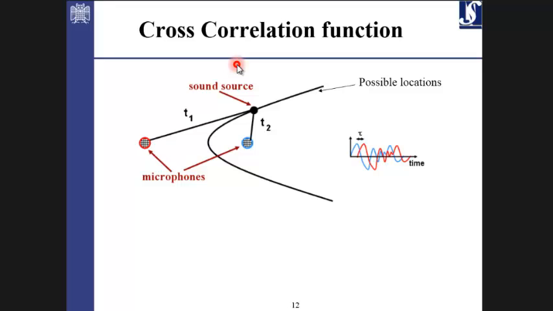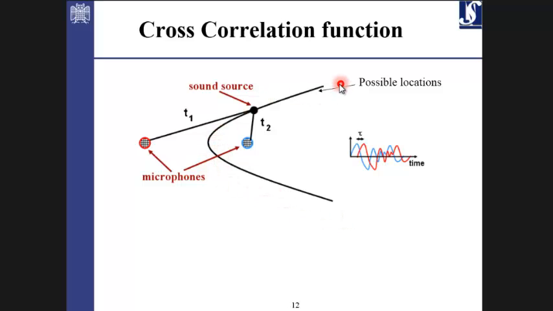So you have, for example, two microphones. They are both grabbing the same signal, but the signal is actually recorded with a time difference. If you make a cross-correlation, this cross-correlation as a function of tau, or the lag, it can be mapped into a hyperbolic curve like this.